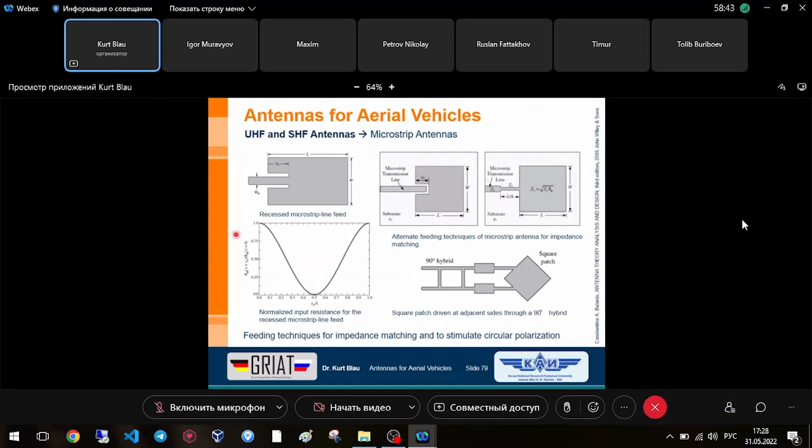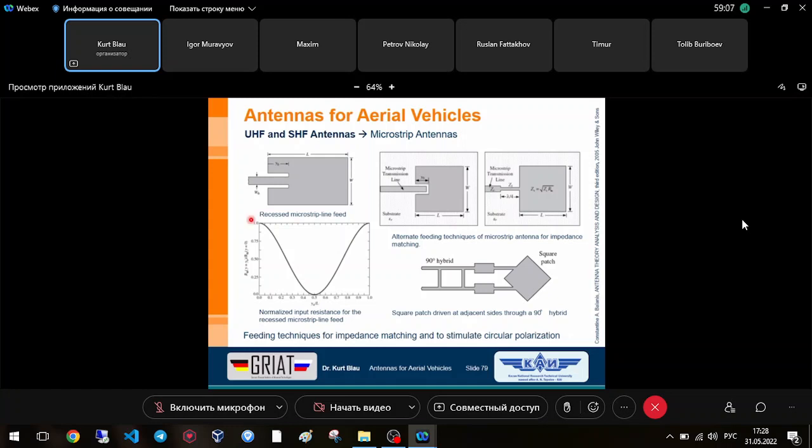Here you can see, for instance, the normalized input resistance for the recessed microstrip feed line. And it's clear if you are in the middle of the patch, then the excited mode shows in principle a short. Yeah, this is shown here.